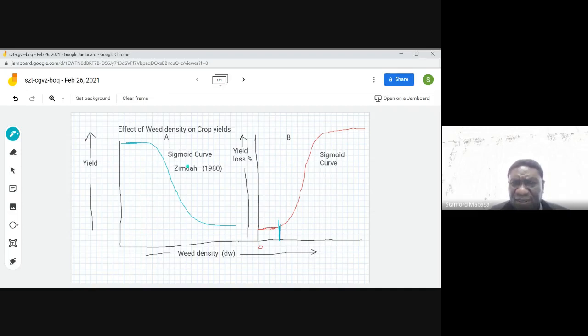And Zimdahl and other scientists gave a special name to this weed density, which doesn't seem to be affecting crop yield.